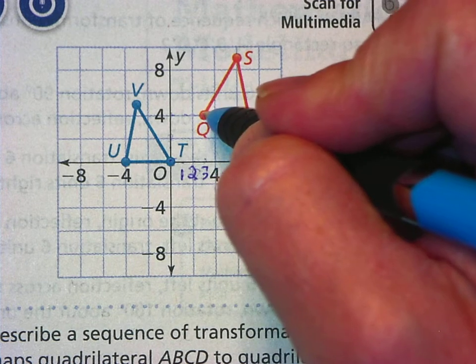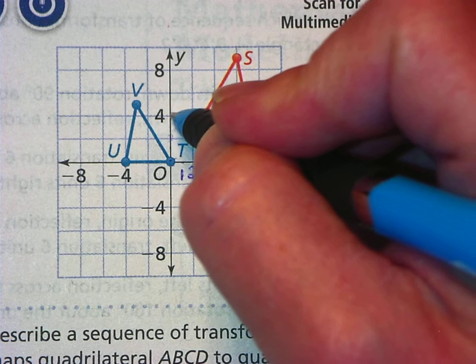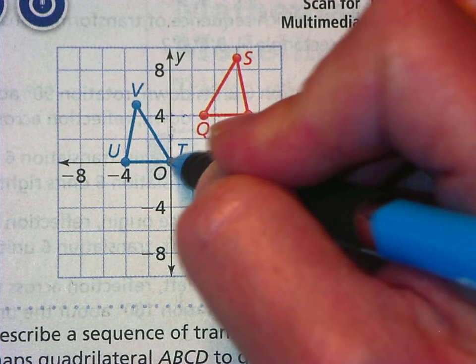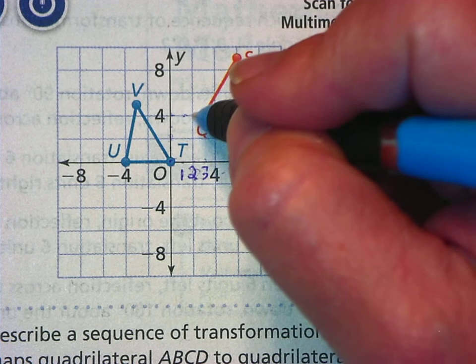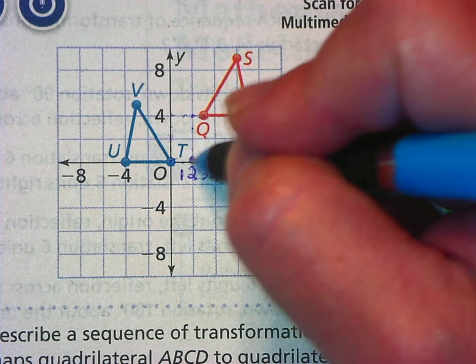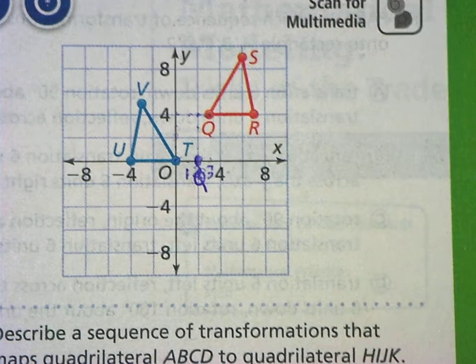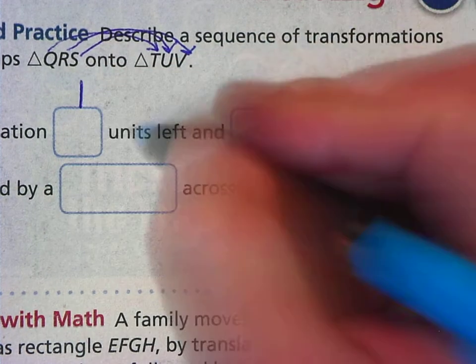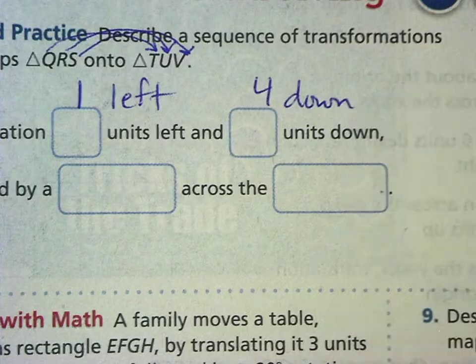So if I slide every single one of these points 1 to the left and 4 down, Q will land there. So I could translate 1 left and 4 units down. That's one way I could do it.